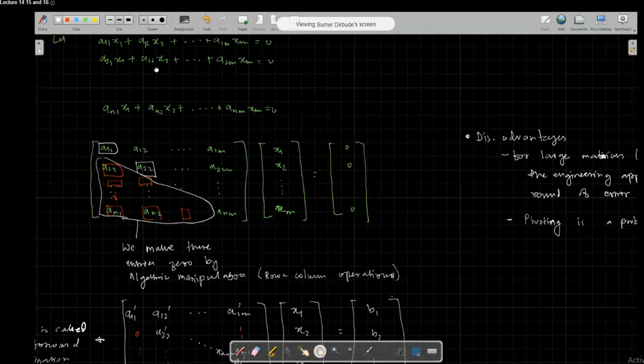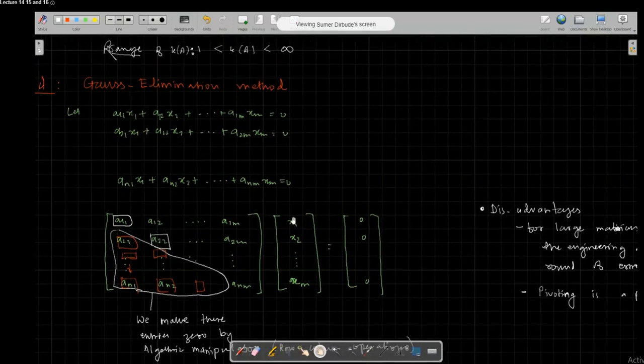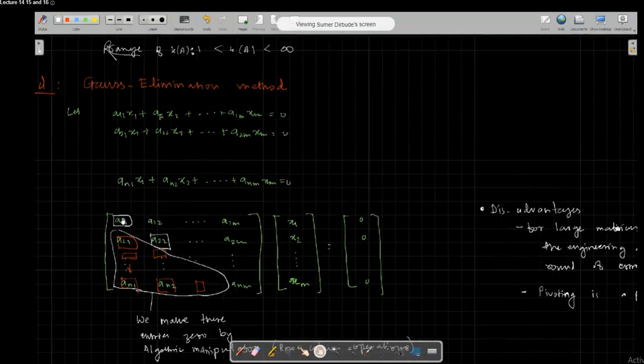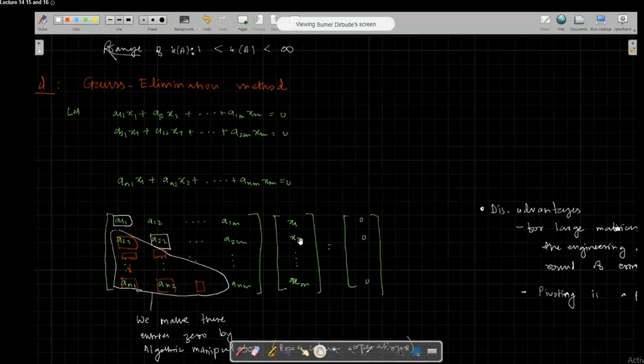Because when I am talking about x1, the coefficient of x1 is a11. When I am talking about x2, the coefficient of x2 is a22. The coefficient of xn is ann. So that is the reason they are called central coefficients.